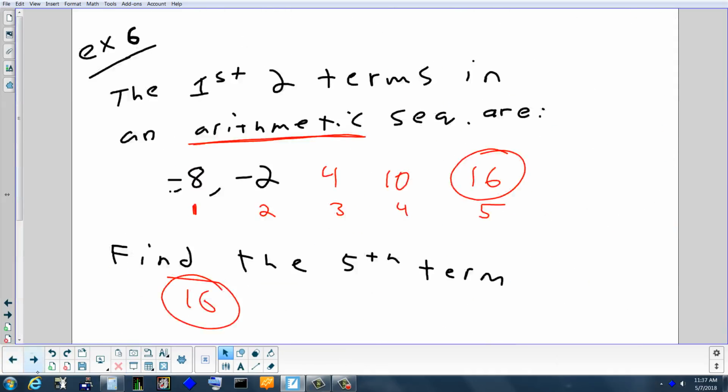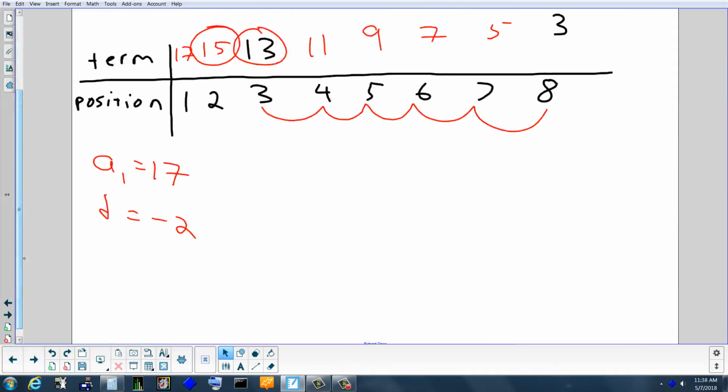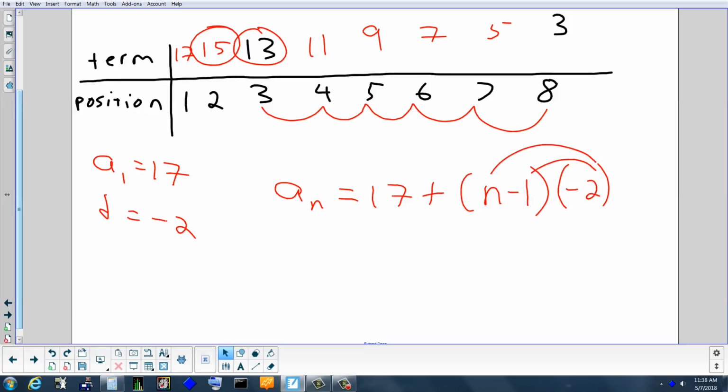Okay, so let's do that. So we've got the nth term is the first term plus n minus 1, and what was my common difference? Oh, count. Yeah, negative 2. Okay, so distribute that out. So you're going to get 17.